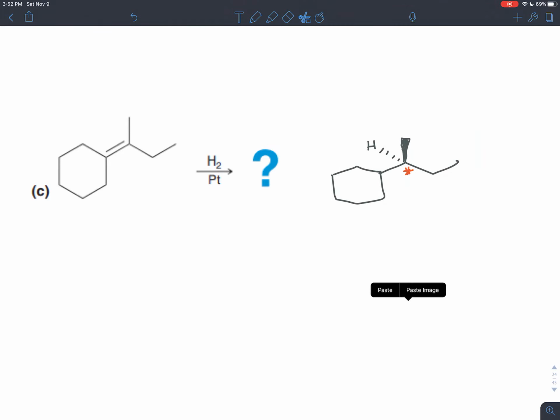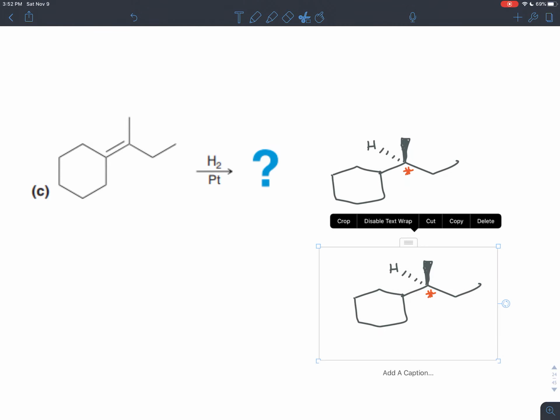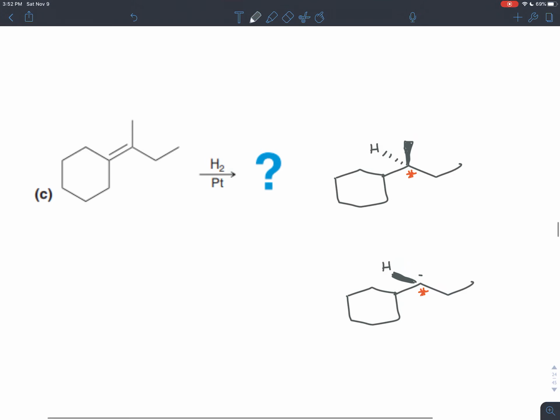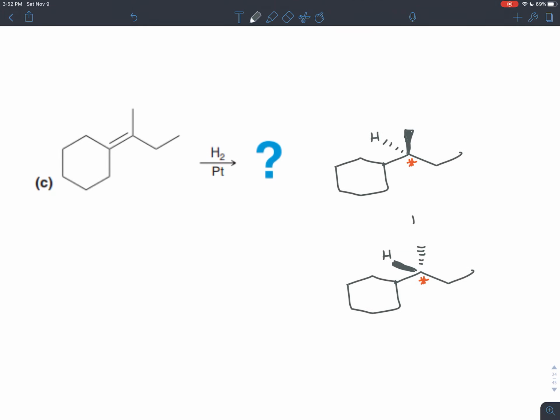The other possibility is that the hydrogen could have added to the front. And if the hydrogen added to the front, then the methyl group would be pushed so that it goes away. You'd have a 50-50 mixture of these 2 things.